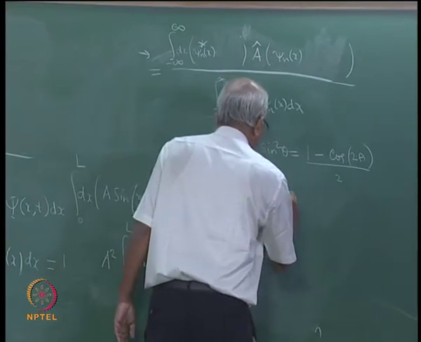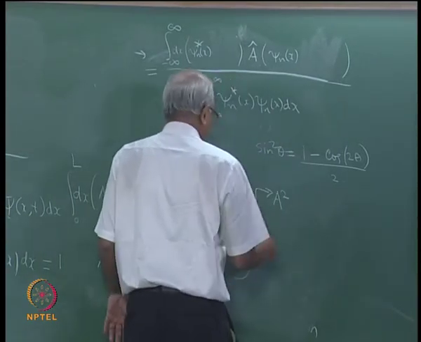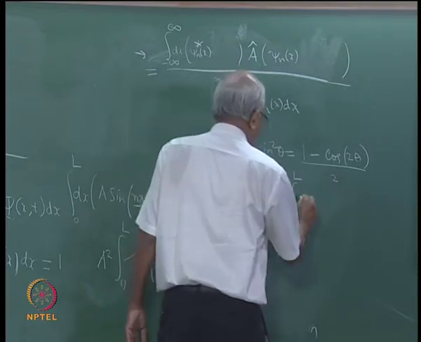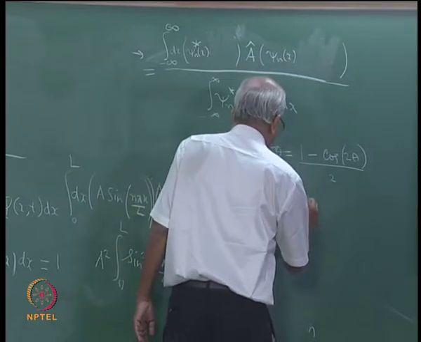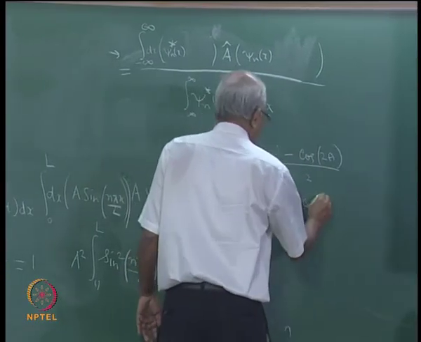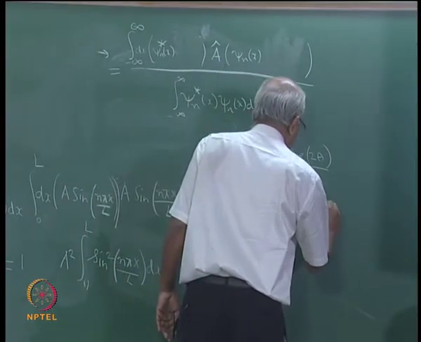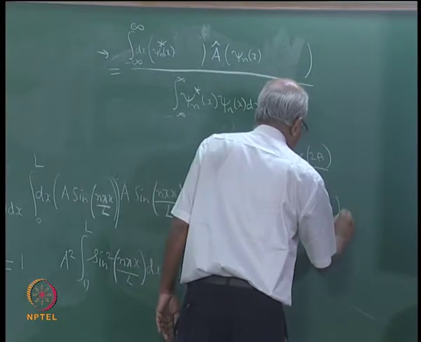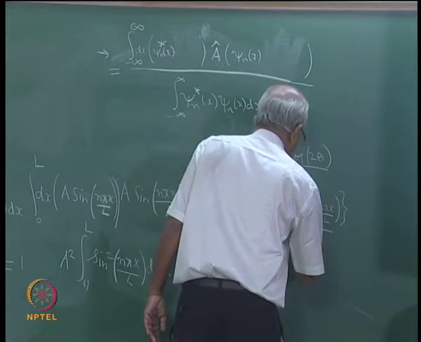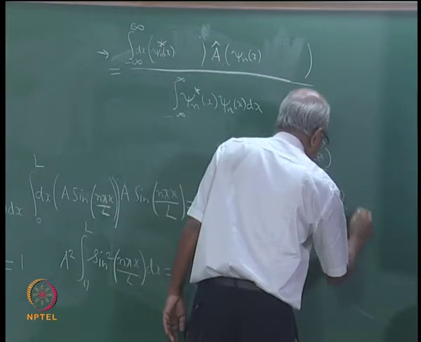So, what will happen is that you will get A square integral 0 to L into 1 minus cos 2 n pi x by L divided by 2 into dx is the result that you will get.